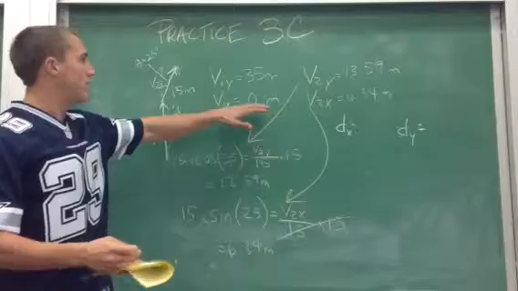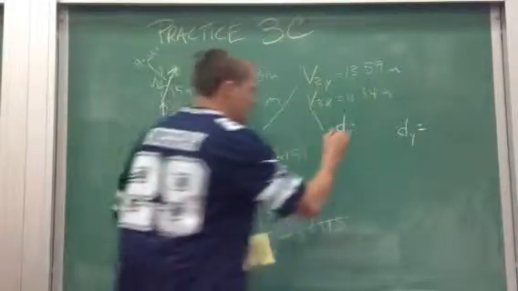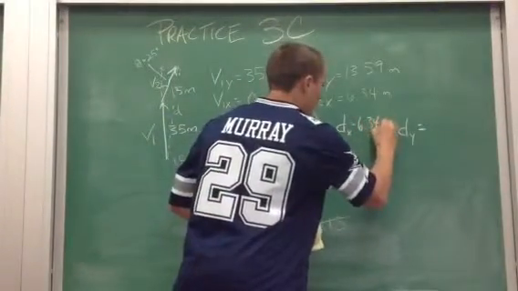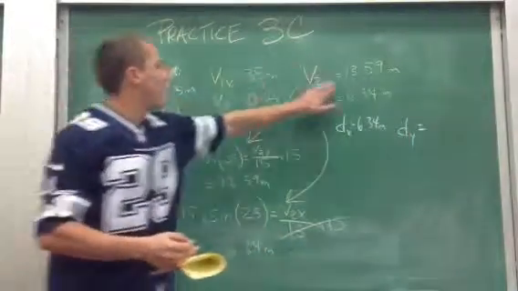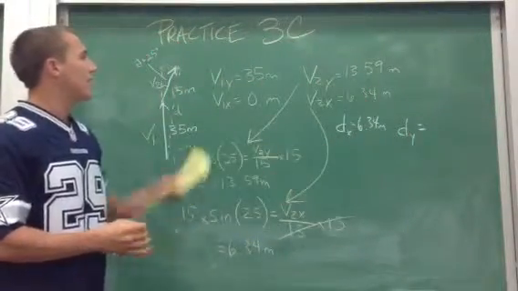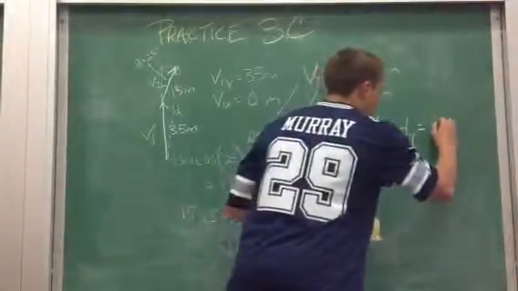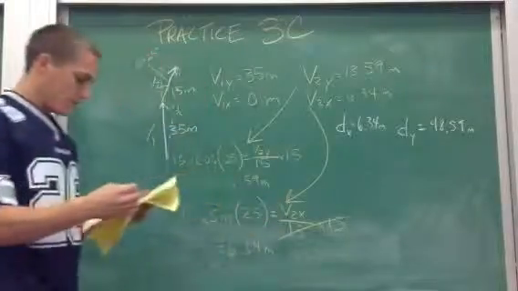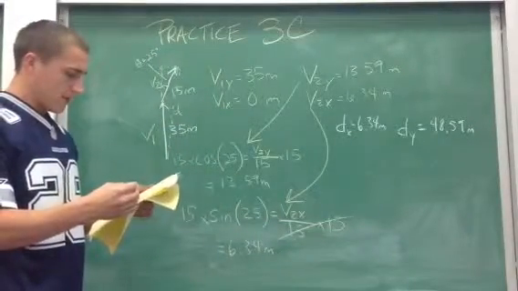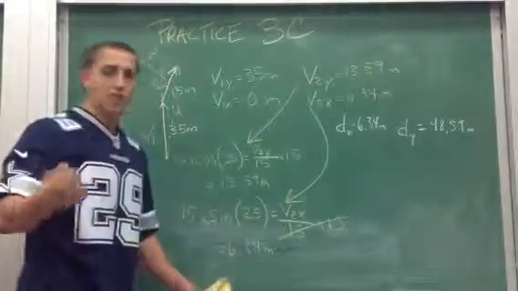So for the x component, 0 plus 6.34 is 6.34 meters. And for d sub y, 35 plus 13.59 is 48.59. Cool? Yep. So now let's do the triangle.